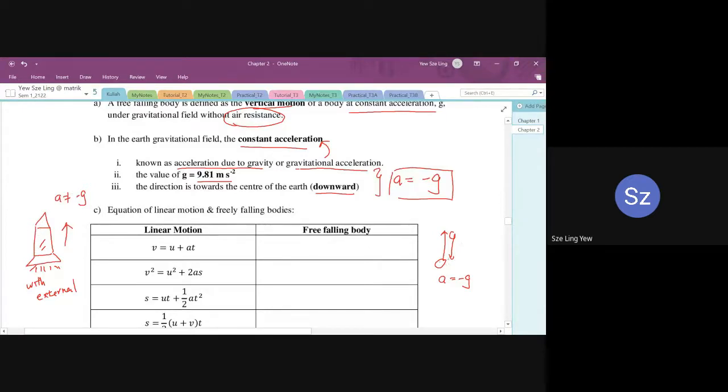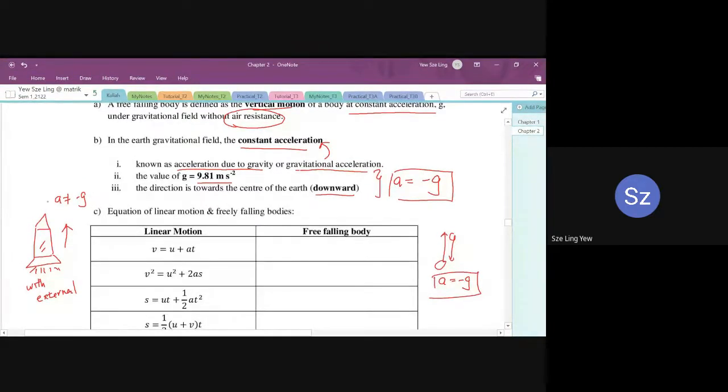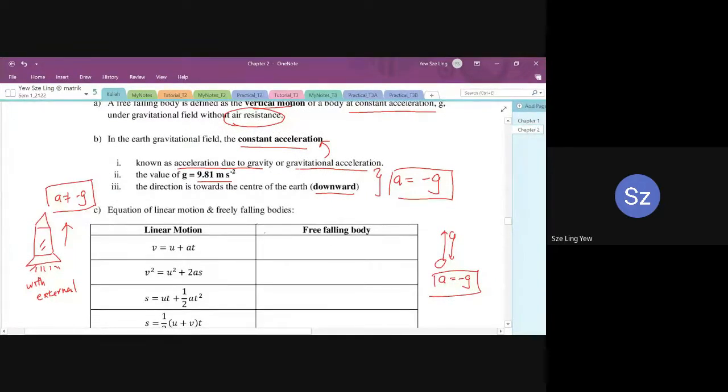Now, when you throw an object, there's nothing. The moment it leaves your hand, there's no external force, there's no burning fuel, nothing inside it. Therefore it moves freely, and then we can conclude a equals negative g. So make sure you read the questions carefully and understand which situation you're looking at. Free fall usually refers to the case where there is no external force.